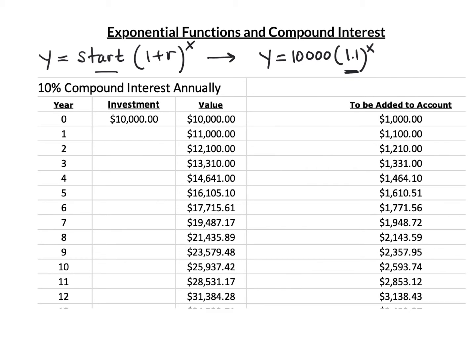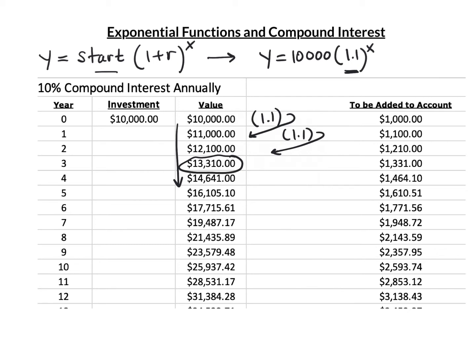What I'm saying is, if I take 10,000 times 1.1, I get $11,000. And if I take 11,000 times 1.1, I get $12,100. Every time I multiply by 1.1, I immediately get that next value that is a 10% increase.